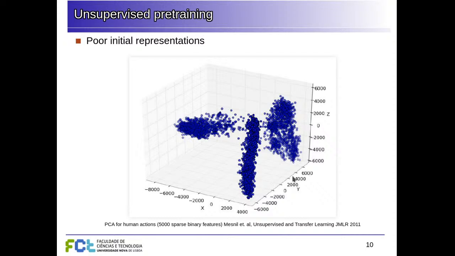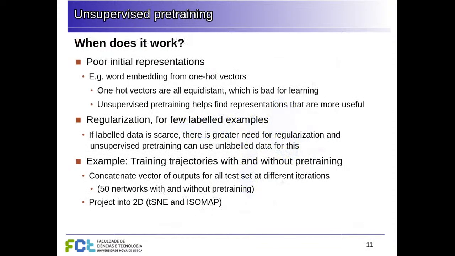So you can see here, even compressing from those 5,000 dimensions to a few dimensions, we can see different patterns in those human activities. So the idea here is that we can have a starting point for our network that was created not by random initialization of the weights, but by pre-training the layers in order to make them find some good representations of the data.